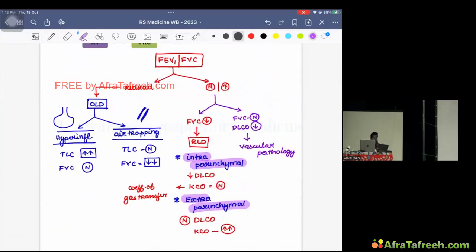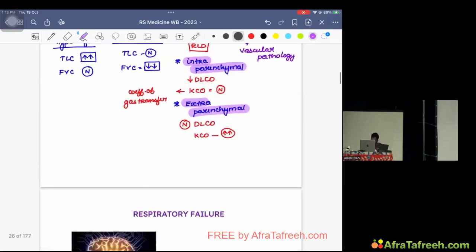Here they can ask about KCO. This is one way of classifying the diseases. Extraparenchymal KCO will be increased, and this is very, very important for your INI-SET exam.